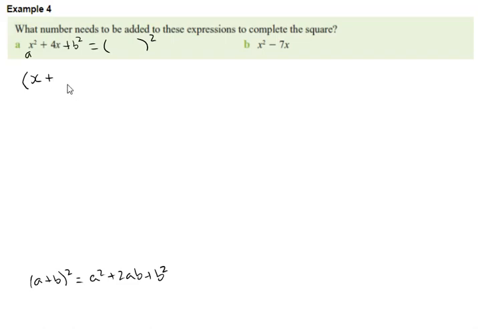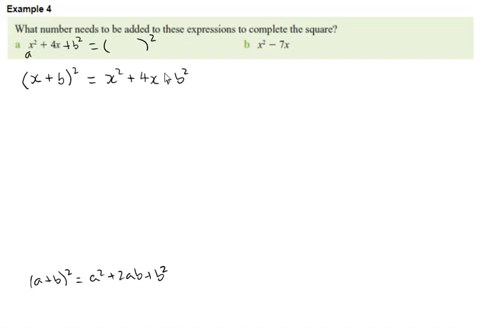I don't know what my b is, so I'm going to write b squared. So I have my x squared, I have my 4x, and I have my b squared.